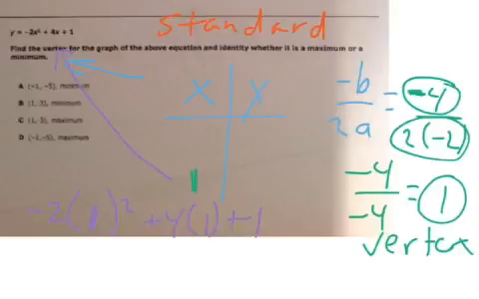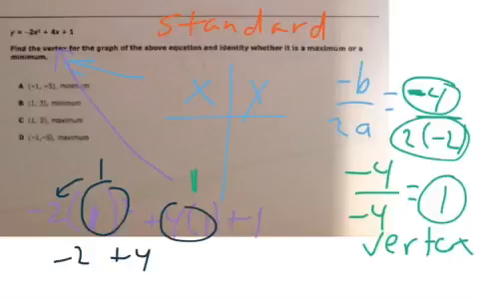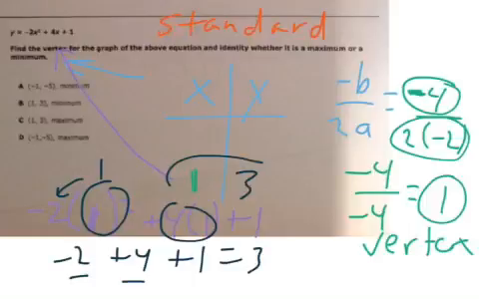And hopefully you agree that 1 squared is 1, times negative 2 is negative 2. 4 times 1 is 4, plus 1. And if you add that up together, see, negative 2 and 4 is 2 plus 1 is 3. So guys, I know my vertex must be at 1, 3.